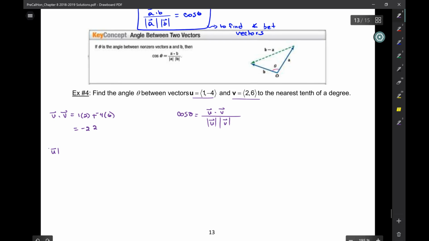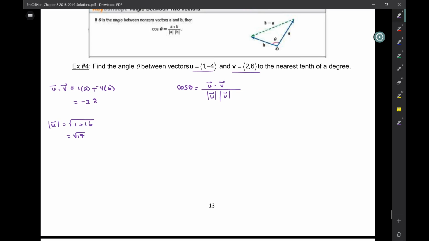Now I need the magnitude of u, which is 1 plus 16, root 17. Leave it that way because it says to the nearest tenth of a degree, which means there's a calculator involved. You don't want any rounding error here.